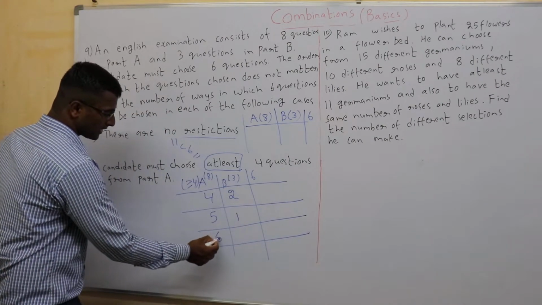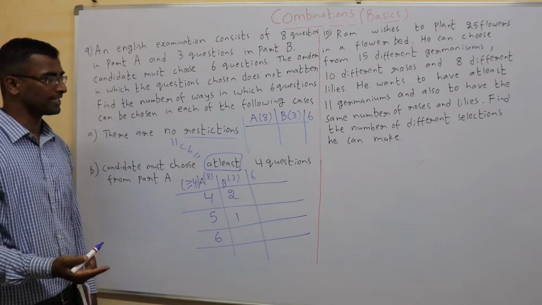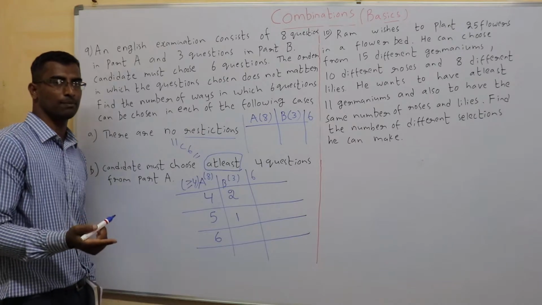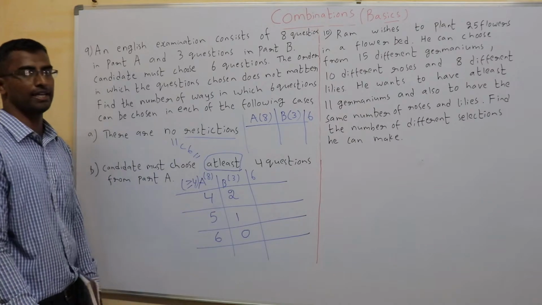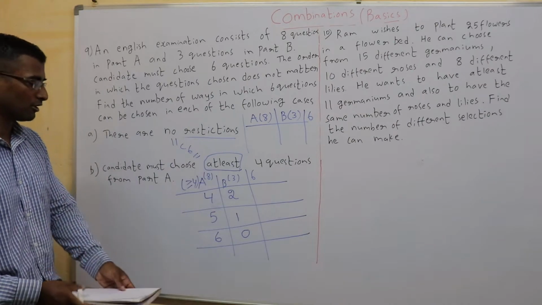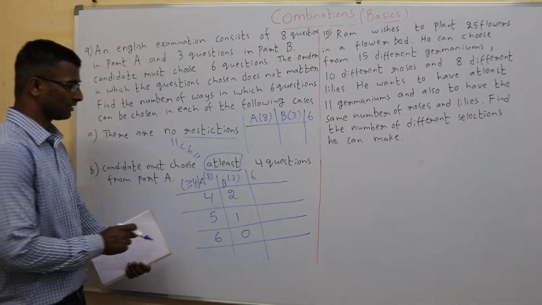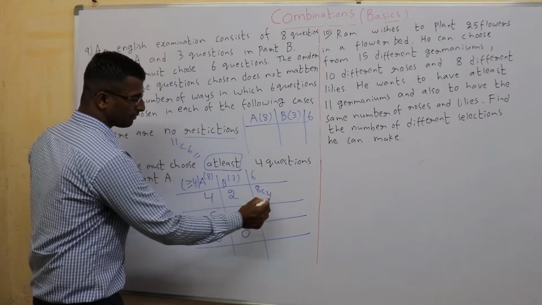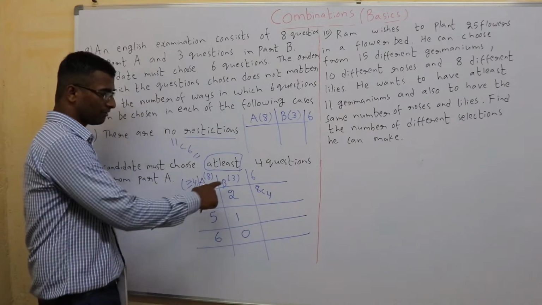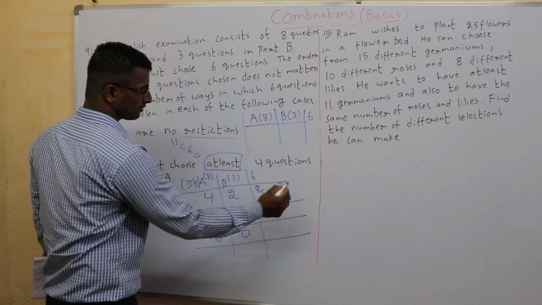I could also select 6 questions from part A. Now how many should I select from part B such that the total becomes 6? I should not select any question from part B, only then the total is 6. Now, from 8 you are selecting 4, so 8C4, and from 3 you are selecting 2, so into 3C2.